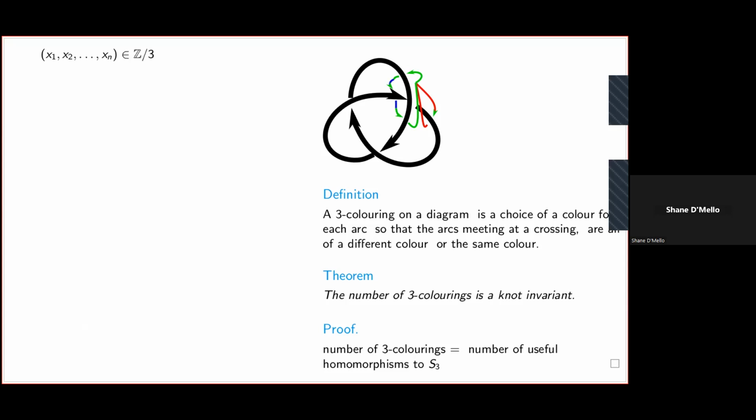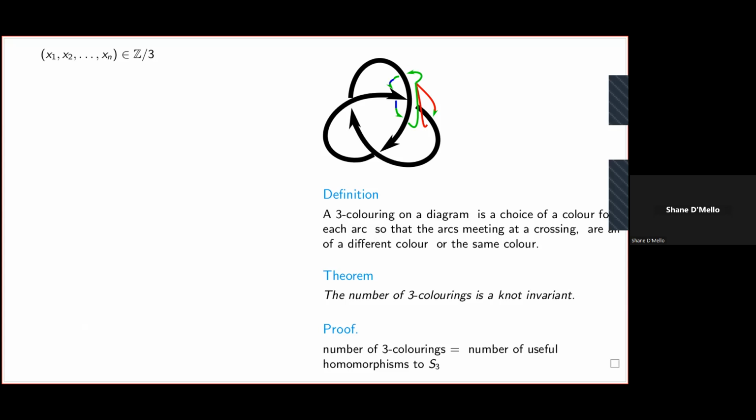First, I want to tell you that for this 3-coloring invariant, instead of choosing red, blue, and green, if you choose elements of Z mod 3, so that means you choose 0, 1, and 2.